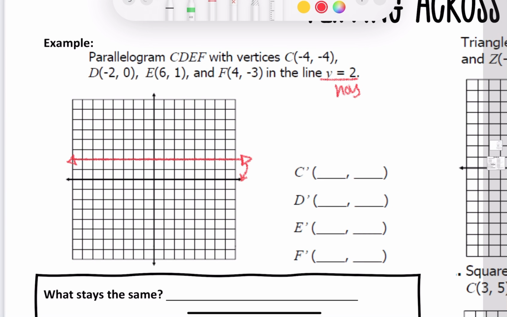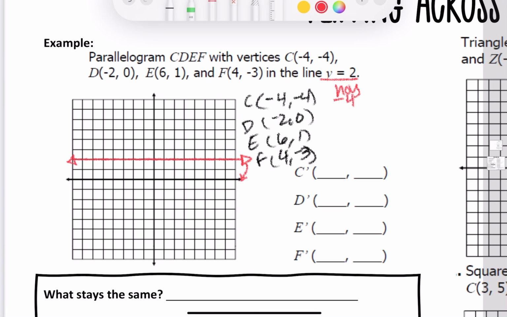It's going to be a lot of rinse and repeat, going back and forth. So I'm going to move it down to the origin by subtracting 2.